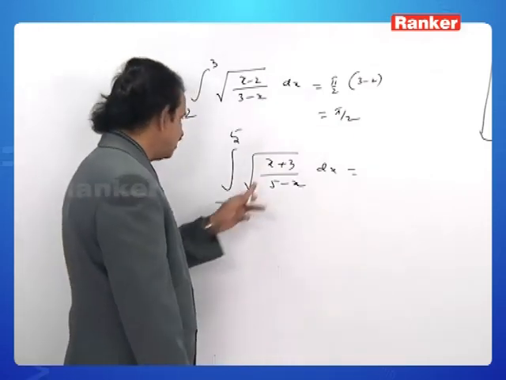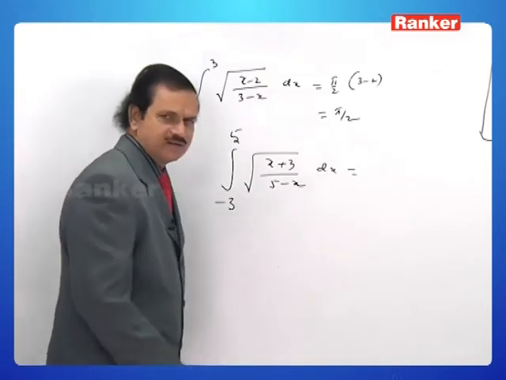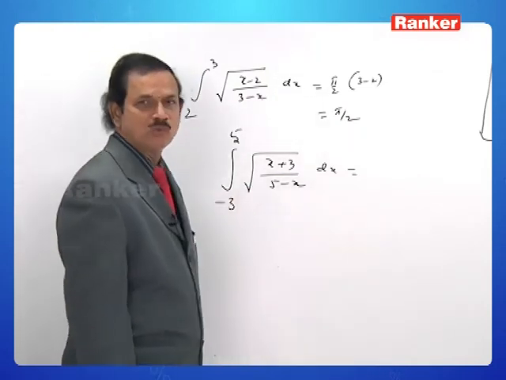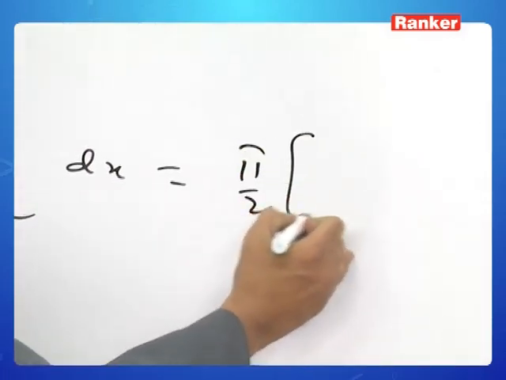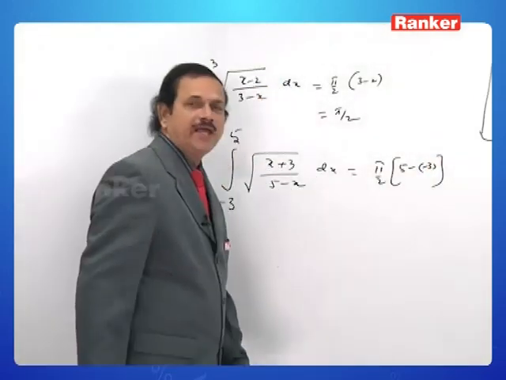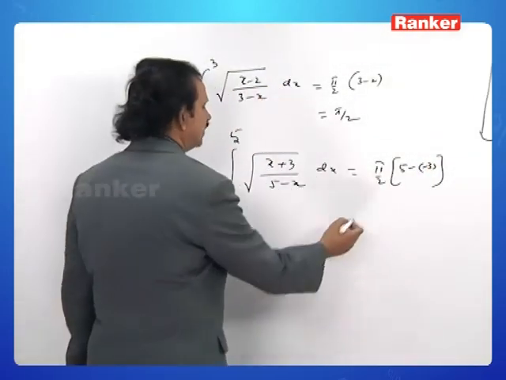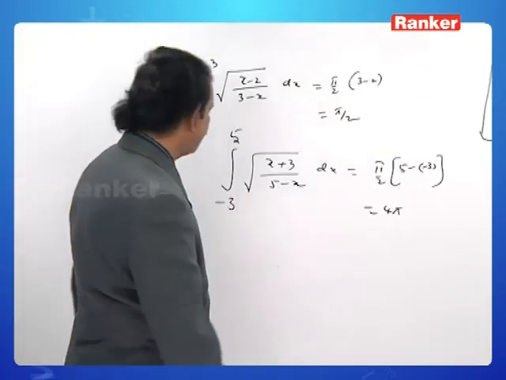X minus a means x plus 3, and b minus x is 5 minus x. Excellent. This fits the standard model. Hence the answer is pi by 2 into b minus a, that is 5 minus of minus 3, which is 8. 8 by 2 is 4. Hence the answer is 4 pi.